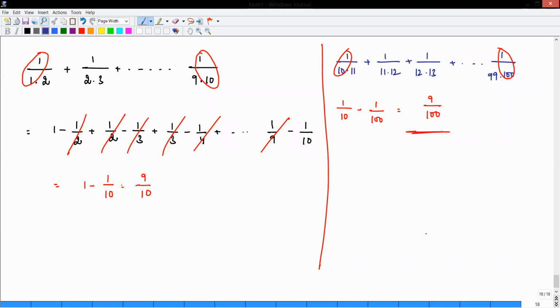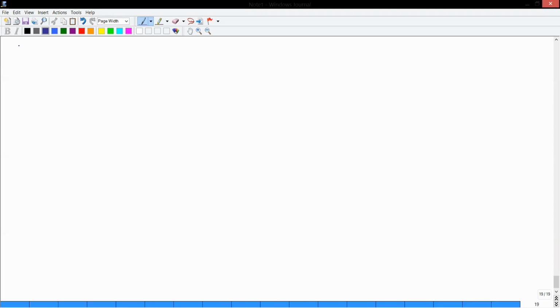Suppose if the difference is 2, so you're going to write 1 by 2 into the same thing.